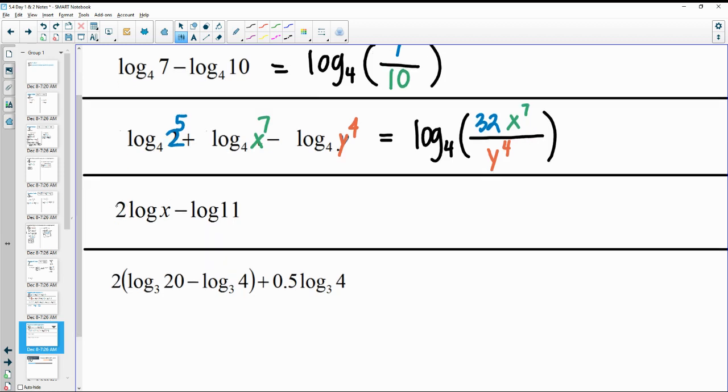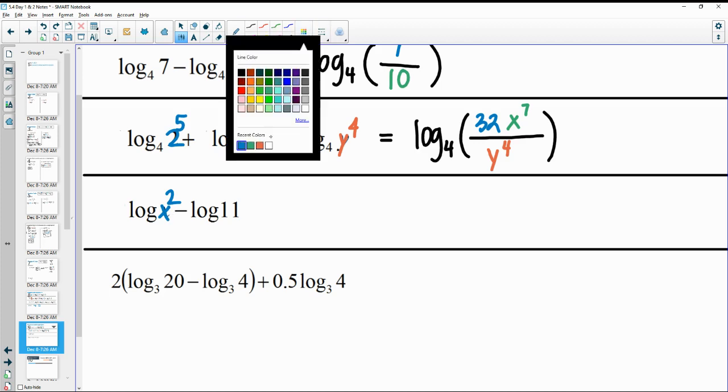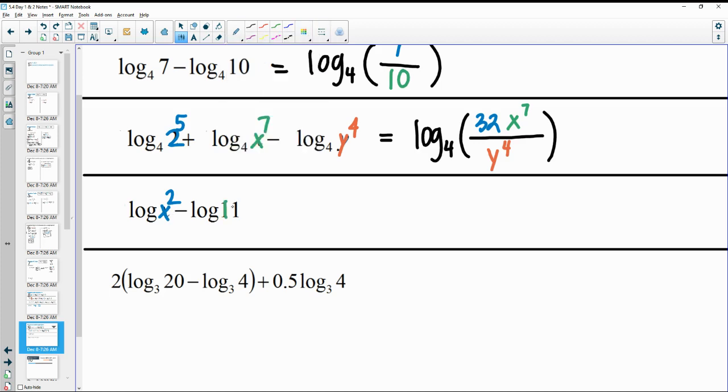All right, then this next one, we see that 2 out front there. So the first thing we're going to do is, again, bring that up to the x, and make it x squared. Okay, then there isn't a number out front here. So now we'll be able to deal with these insides of x squared and 11.